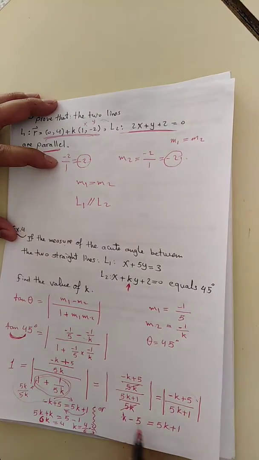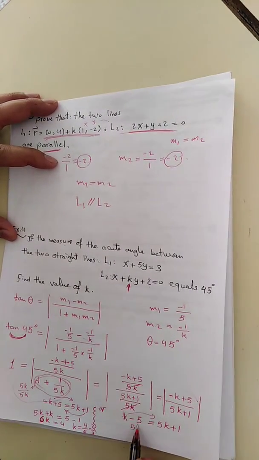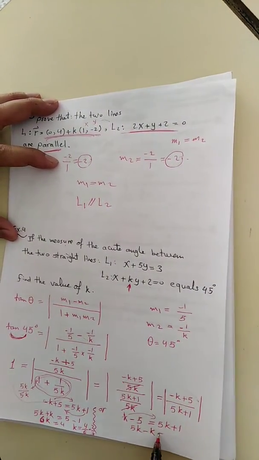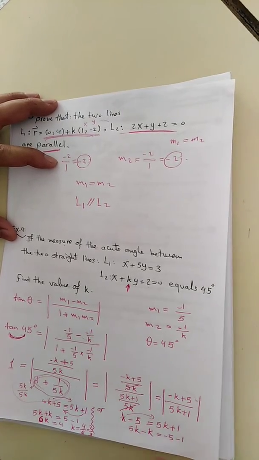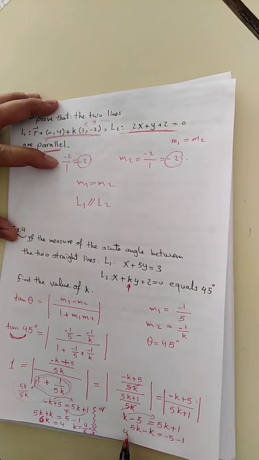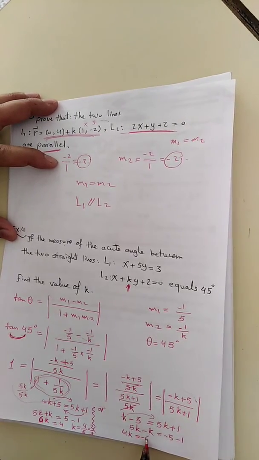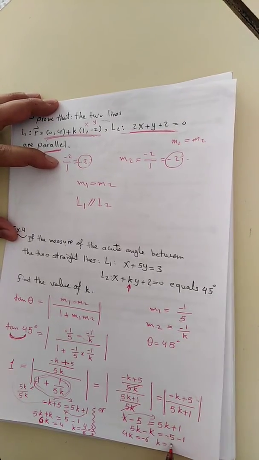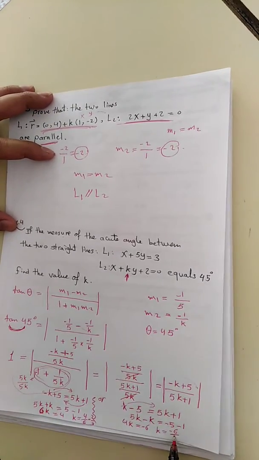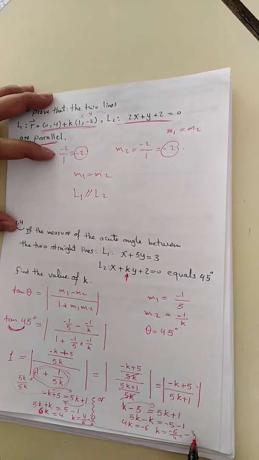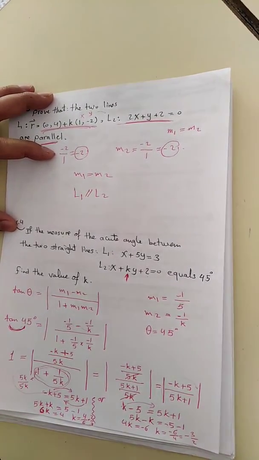And also here, 5k minus k equals negative 5 minus 1, 5k minus k is 4k, negative 5 minus 1 is negative 6, k equals negative 6 over 4. It will be in the simplest form negative 3 over 2.